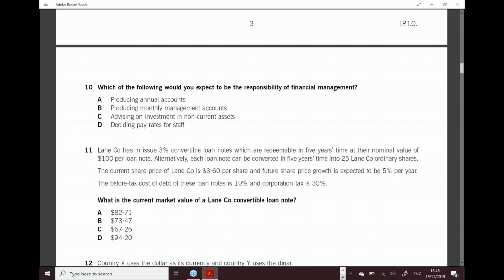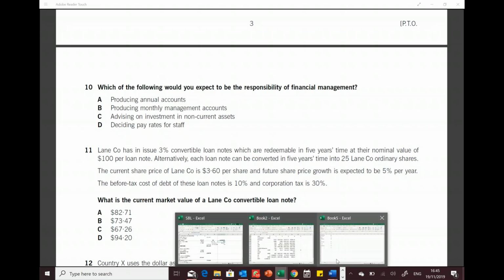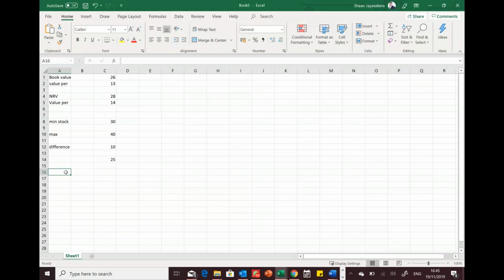what we can do in this calculation is, it's a convertible. So the first thing you need to do is to see whether the conversion is likely. So to see whether the conversion is likely, I can work out the share price in 5 years.